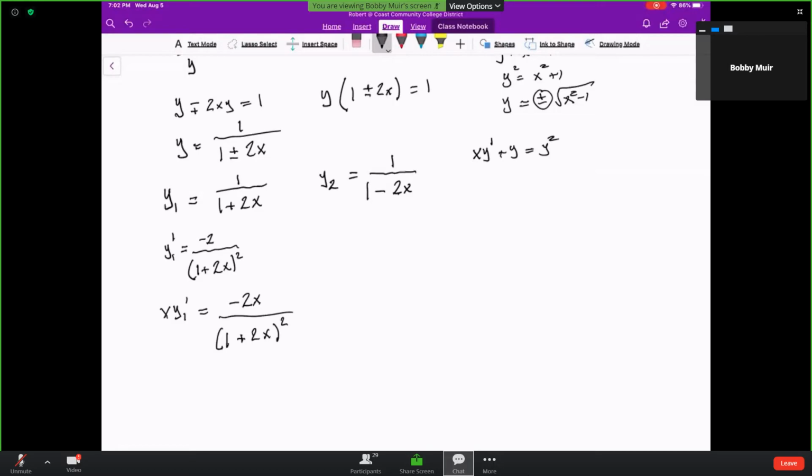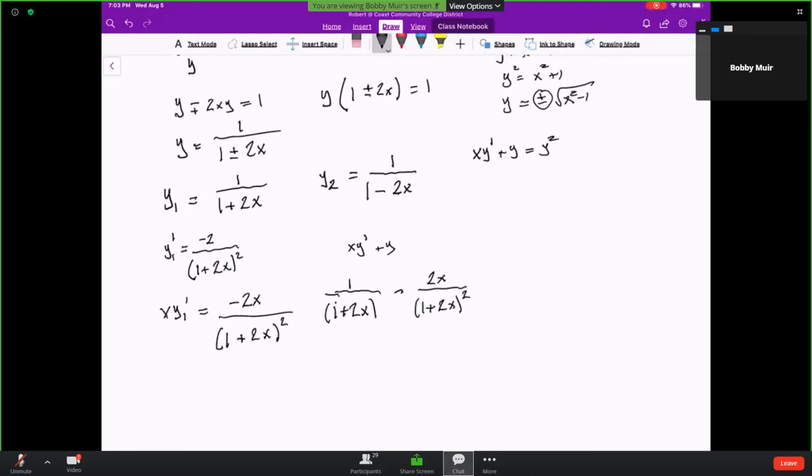And I'm going to now add y to it. So x y prime plus y. So I'm going to have 1 over 1 plus 2x minus 2x over (1 plus 2x) squared.